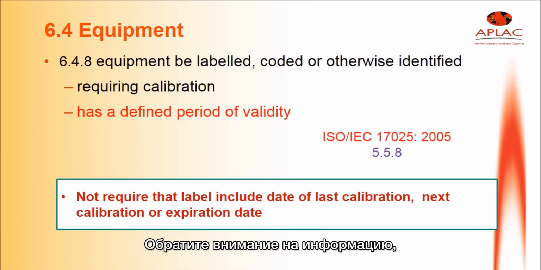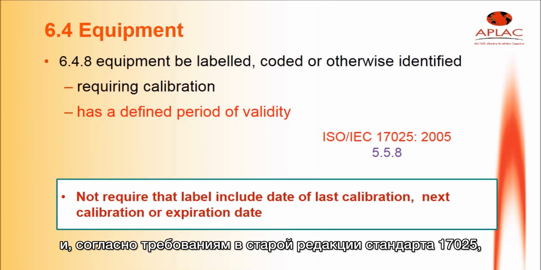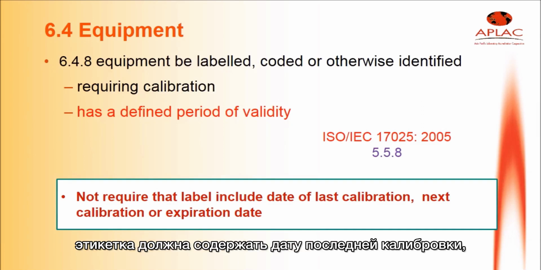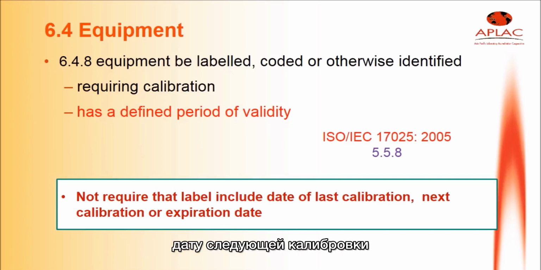As for what information should be included in the label, the old version of 1725 requires the label to include the date of last calibration, next due date, or expiration date.